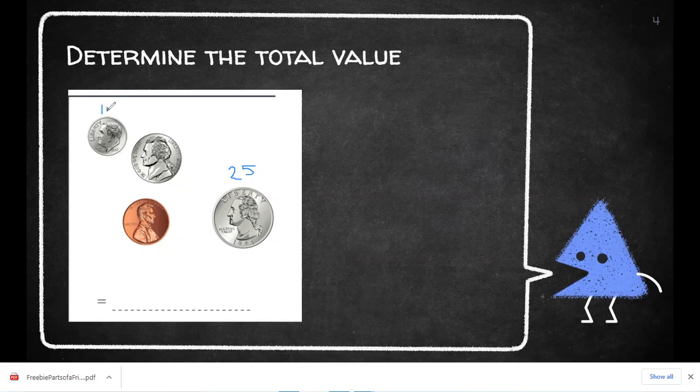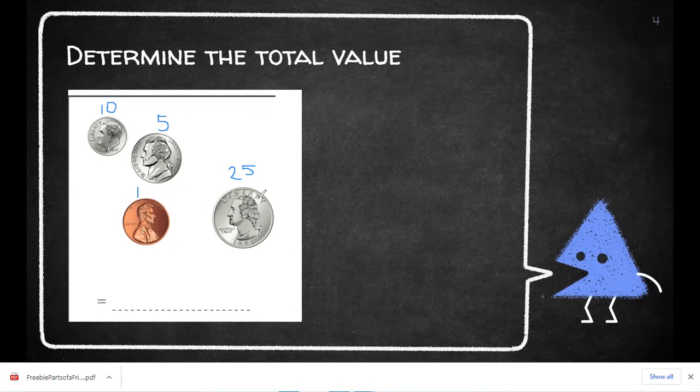We know, as we just reviewed, that a quarter has the value of 25 cents. A dime has the value of 10 cents. A nickel has the value of 5 cents, and a penny has the value of 1 cent.